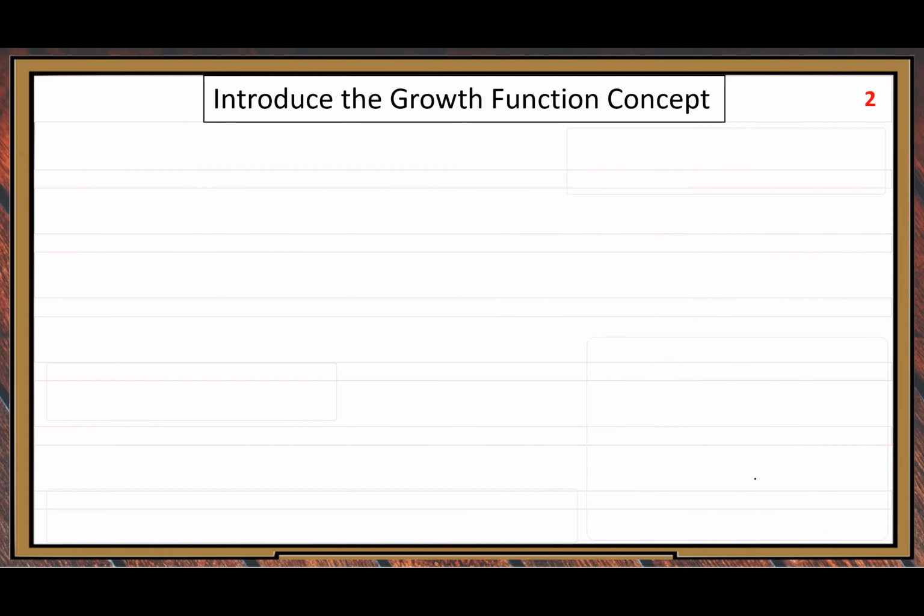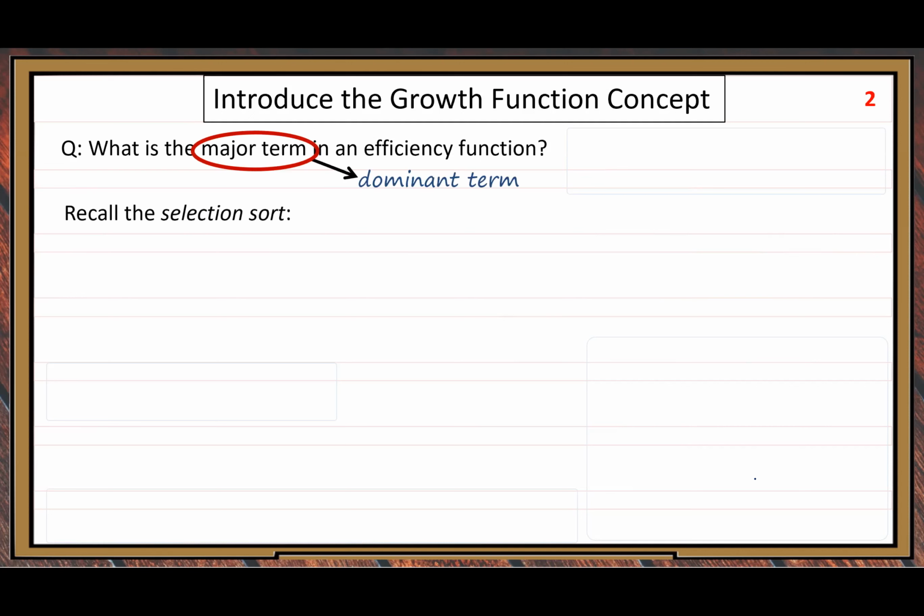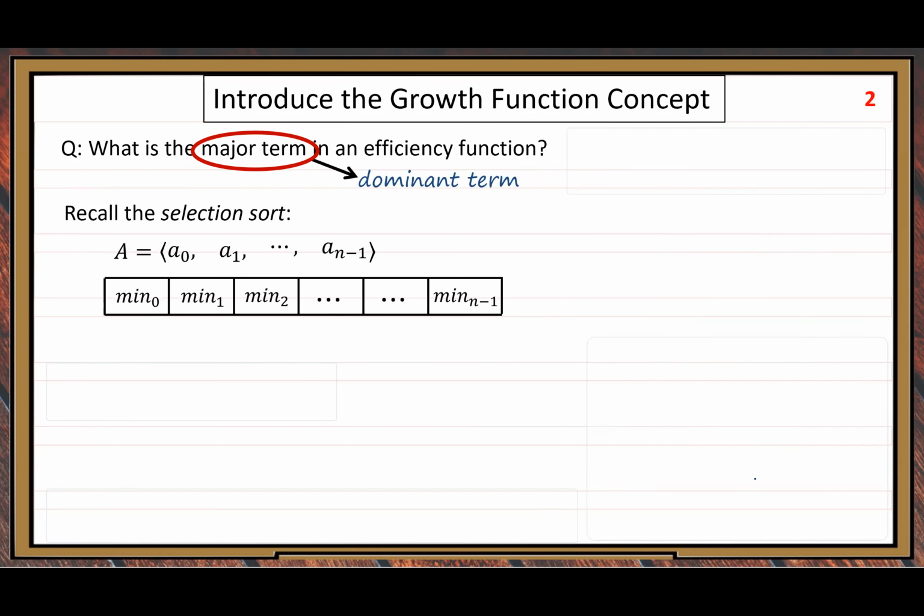Now, this growth function concept: the major term, the dominant term. We take that dominant term. Here I give you another example. In our selection sort, this is the capital C of n.